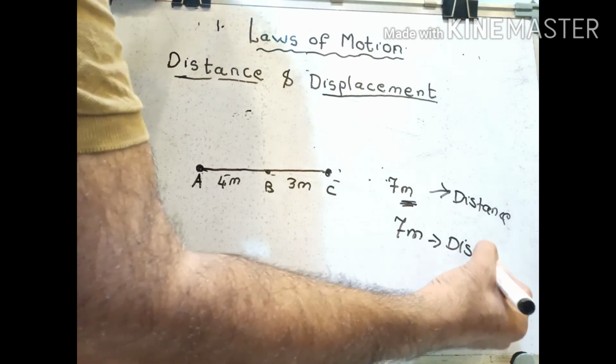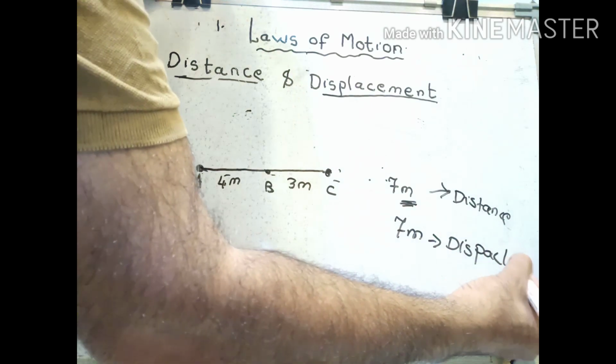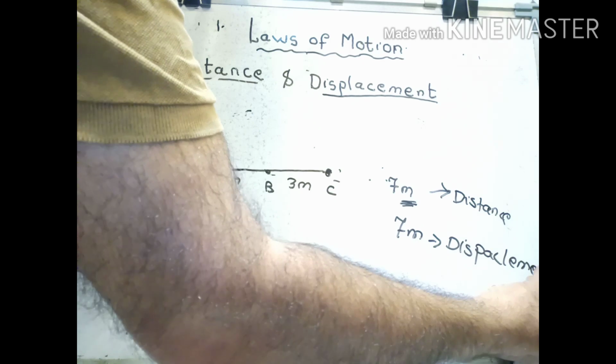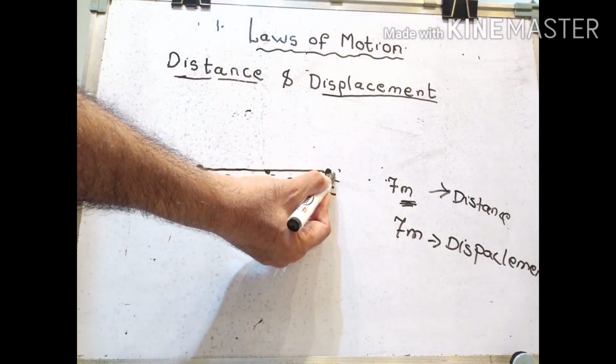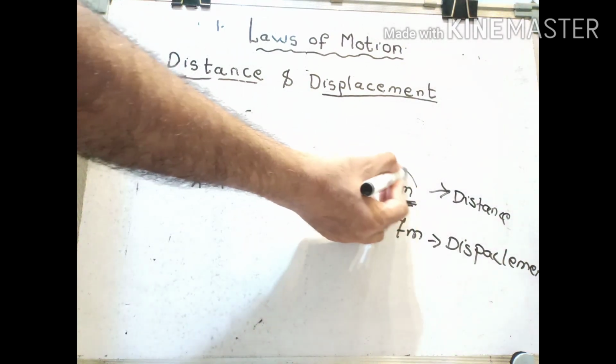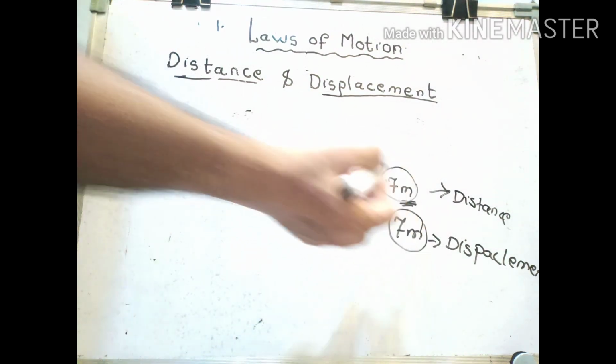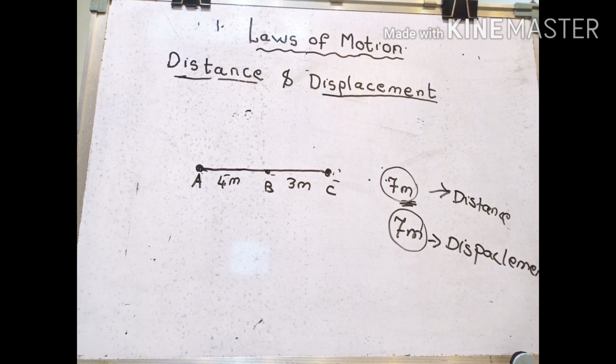Why? Because the motion has taken place along a straight line. When motion takes place along a straight line, the value of distance and the value of displacement are the same.